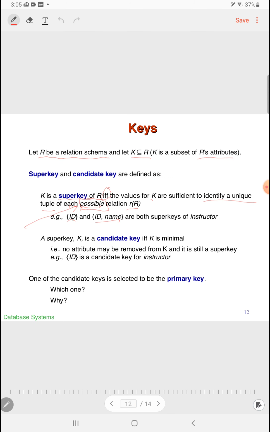So, I just said name isn't sufficient to be a superkey because we could hire someone with the same name. If it's not sufficient to be a superkey, why is ID and name a superkey? And the answer is because ID is a superkey.